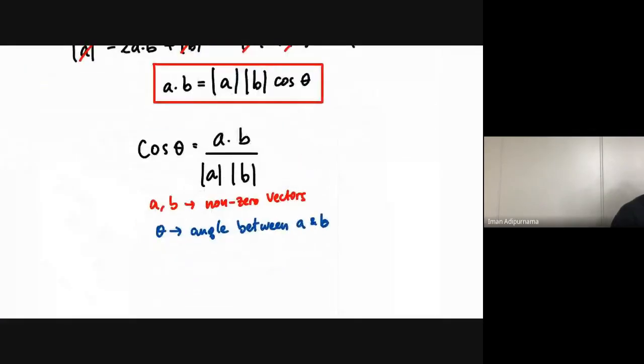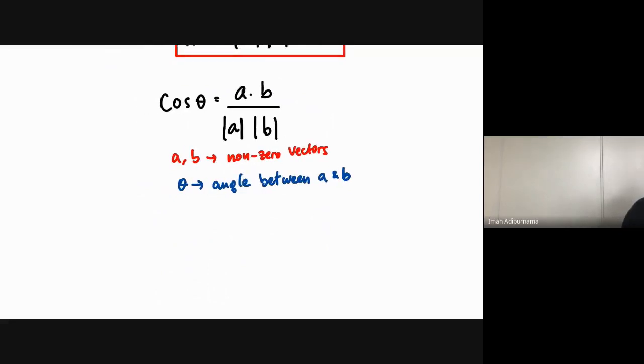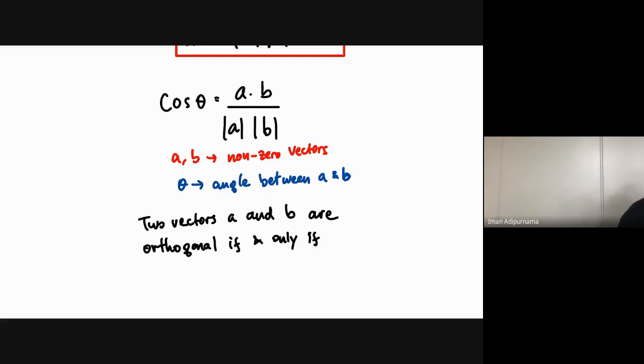And because we are now looking at the angle, let's say two vectors A and B are orthogonal if and only if the dot product is 0.